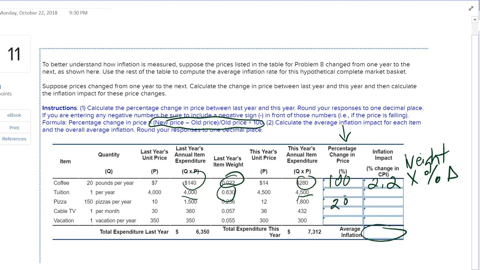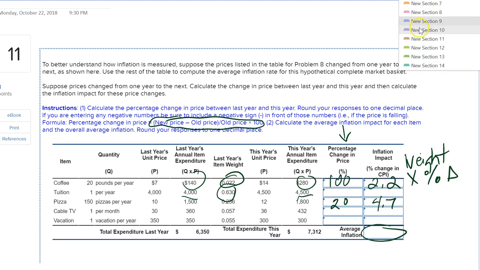Okay, and the inflation impact is 4.7% change in the CPI. So if you're in doubt and you're thinking, am I doing this right? Maybe that will help you, and you can kind of confirm that you're using the correct process.